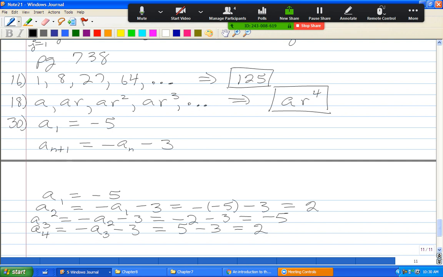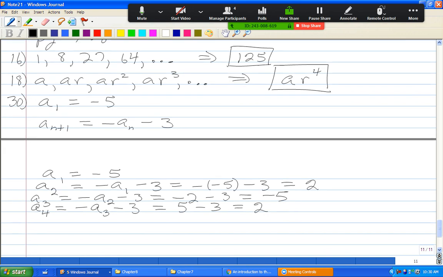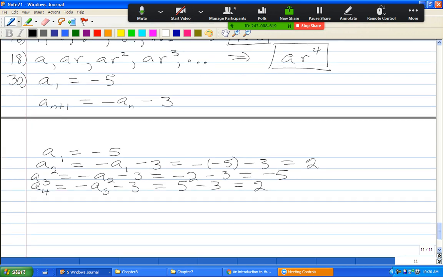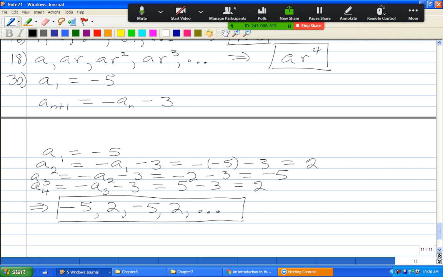Okay, so the first 4 terms of this sequence are negative 5, 2, negative 5, 2. So we probably see a pattern here, just given those first 4 terms in the sequence.